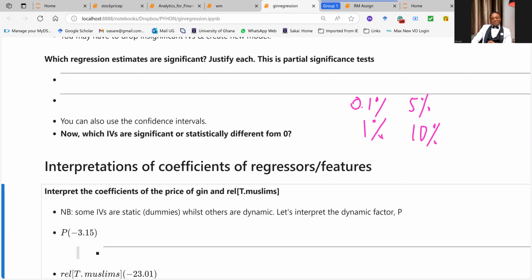I'm picking it from here. 23.01 units less if the people are Muslims than Buddhists.